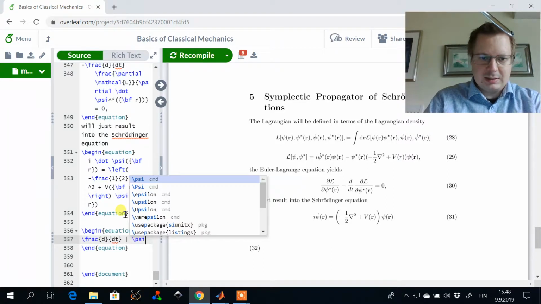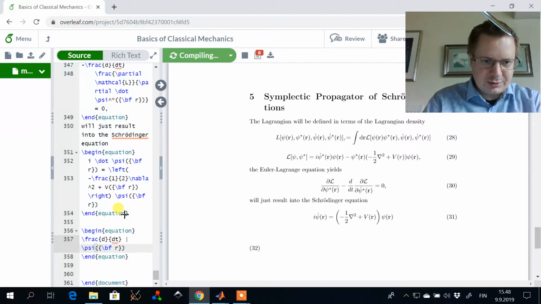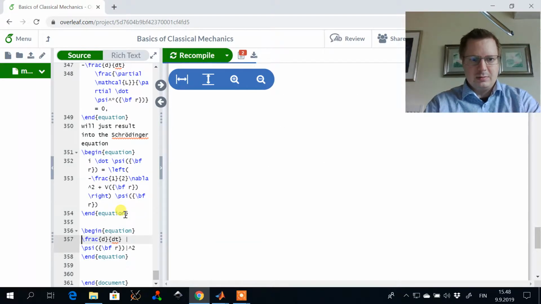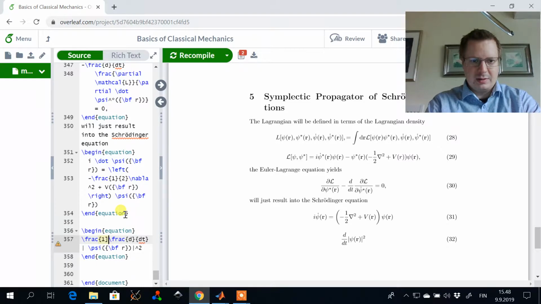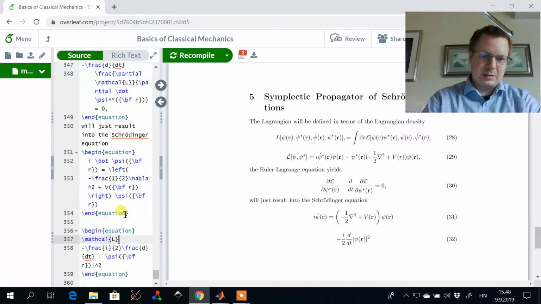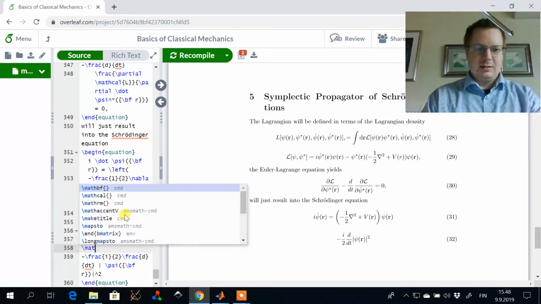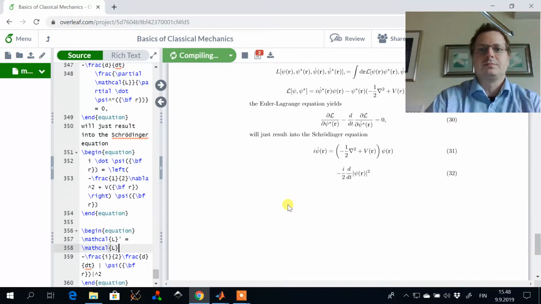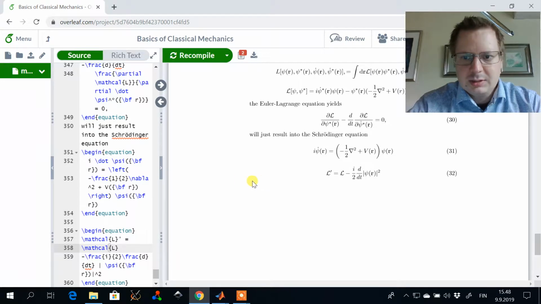So we add such a function, with one half times i, minus, okay. So we define a new Lagrangian density, which is the old Lagrangian density minus this one.